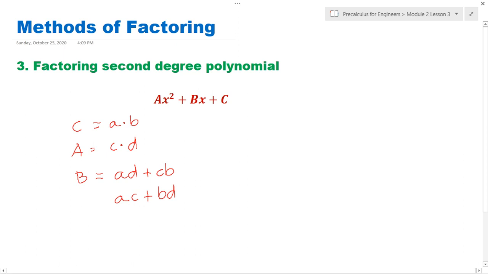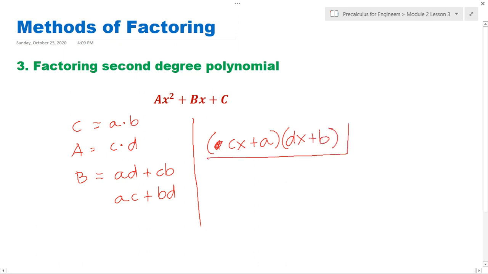That's it, class. This part is a bit more difficult, but it's okay. If it follows this rule, therefore our factor would be, okay, our a is c, so we have cx plus a times dx plus b. So that will be our factor.